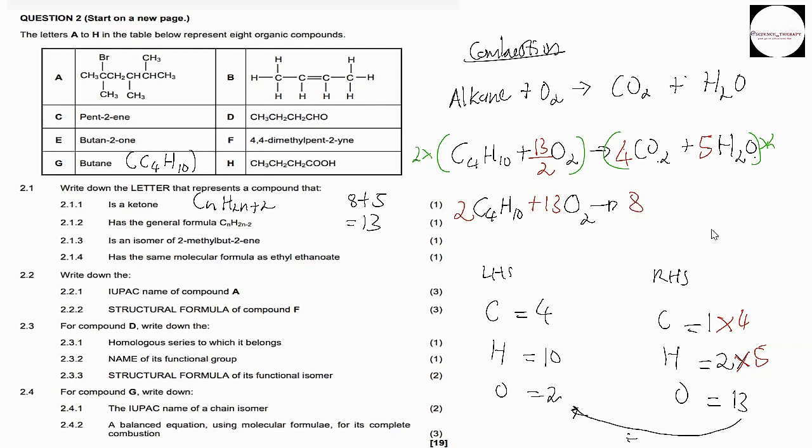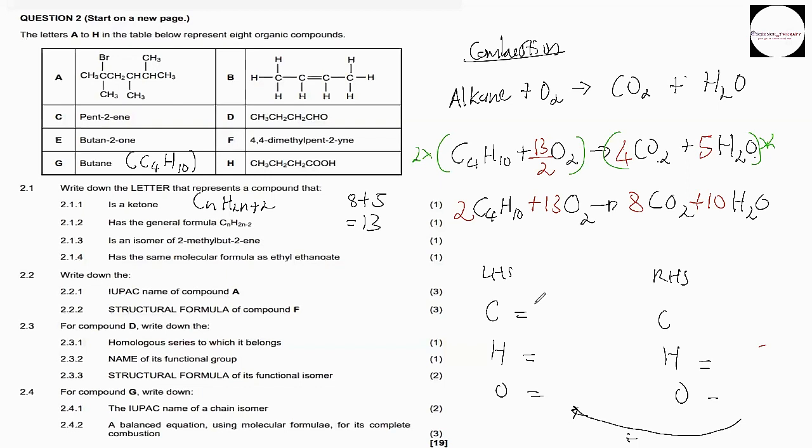And this is still CO2. 2 multiplied by 5, that's 10, and I still have my H2O here. Now let's check and see if the sides are balanced.